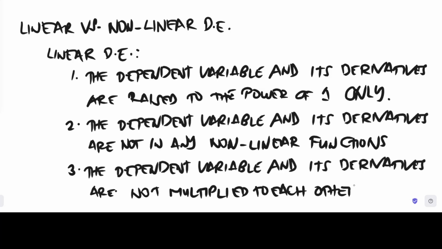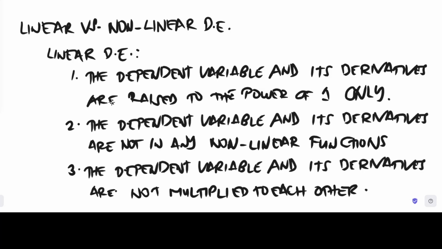Let's recap. For a DE to be considered linear, first, the dependent variable and its derivatives are raised to the power of 1 only. Second, the dependent variable and its derivatives are not in any nonlinear functions. Third, they are not multiplied to each other.